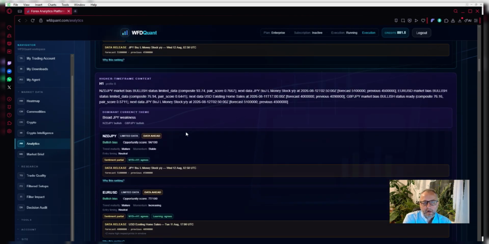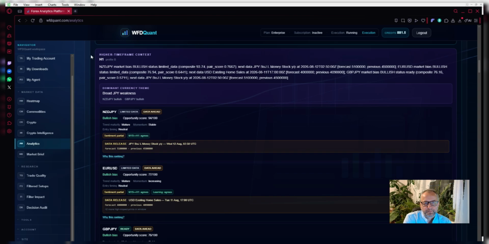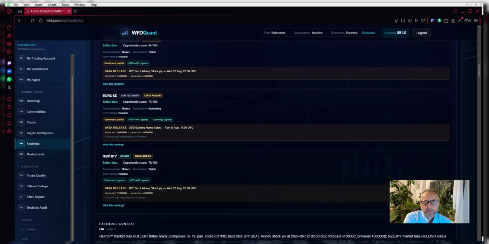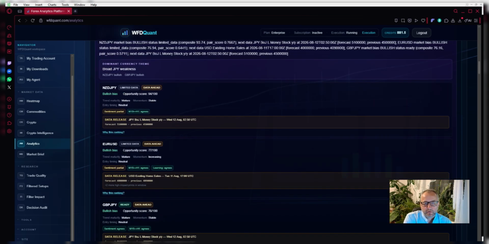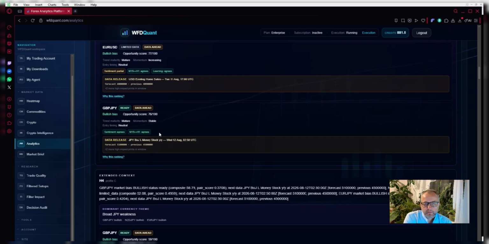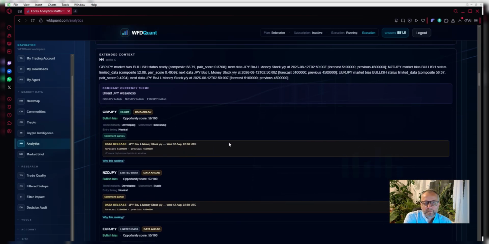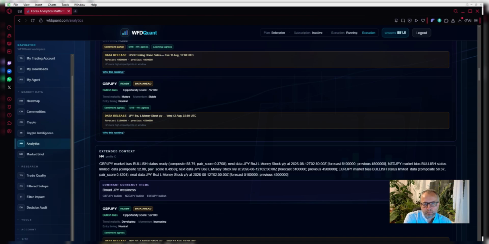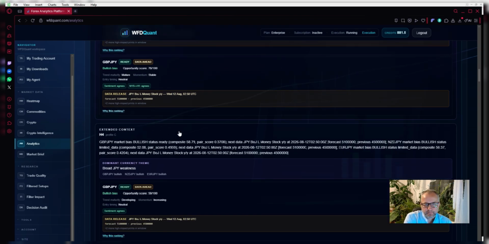On a higher time frame context, the 1 hour chart, again we got JPY weakness, and NZDJPY, EURUSD is another one which I might consider, and GBPJPY is again here, bullish.